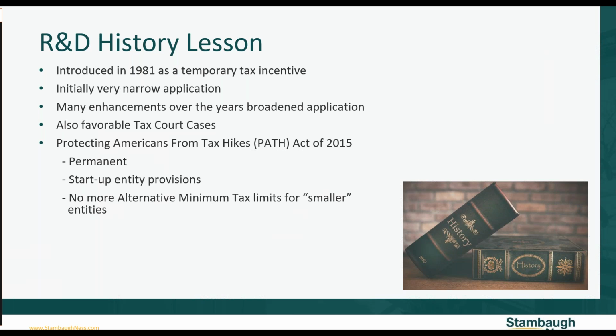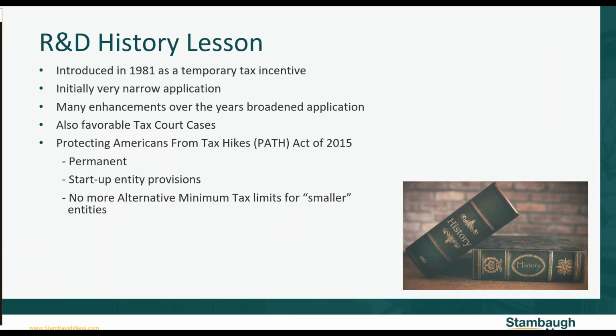And as that law was written back in 1981, it probably would have been very difficult to make a case that your engineering firm or your architectural firm would qualify for the credit. I think the perception many of us might even still have today about the R&D credit goes back to its roots, when it was those proverbial scientists in white lab coats working on the new miracle drug or maybe the new piece of technology, whatever that was 30 plus years ago.